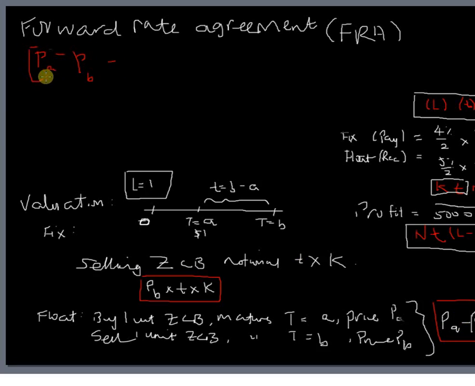The net value is the floating leg, PA minus PB, minus the fixed leg, PB times T times K. We can simplify this by moving PB out. This is the value of a FRA at any point in time before it matures.